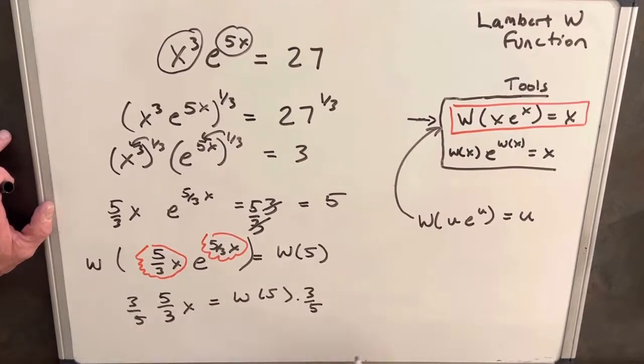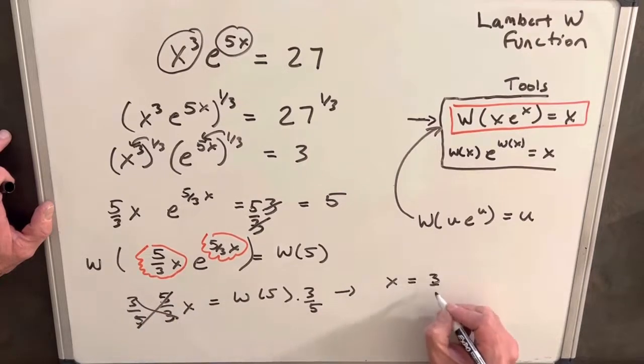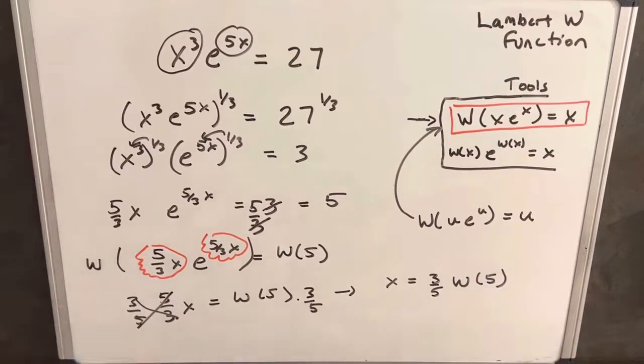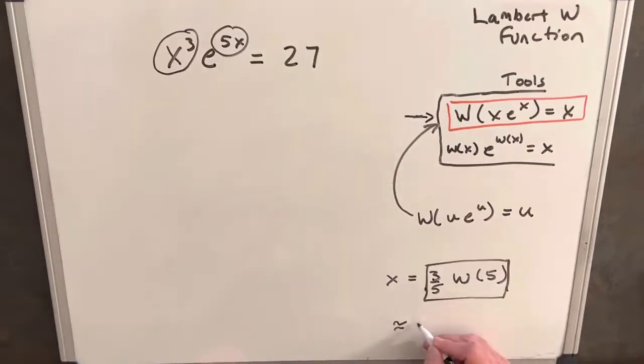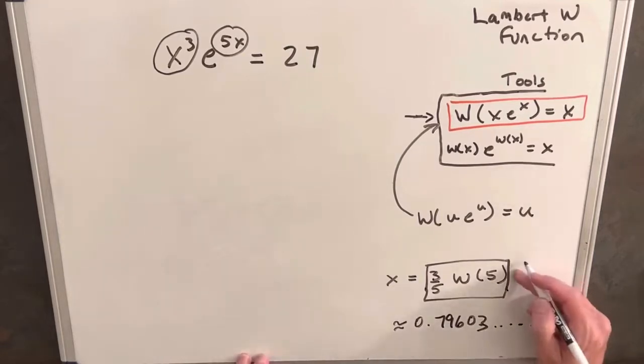And then for our answer, this is going to be x, because this is going to cancel here. So we're going to have x equals 3/5 Lambert W of 5. When I put this in Wolfram Alpha, this came out to approximately 0.79603 with many more decimals. And this is going to be the only real solution for this.